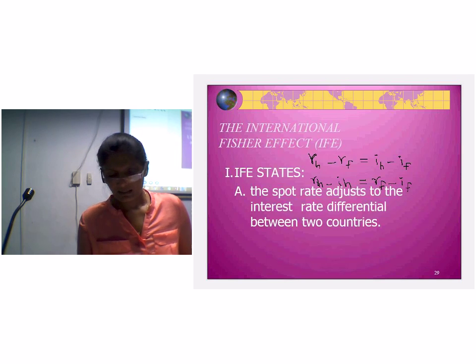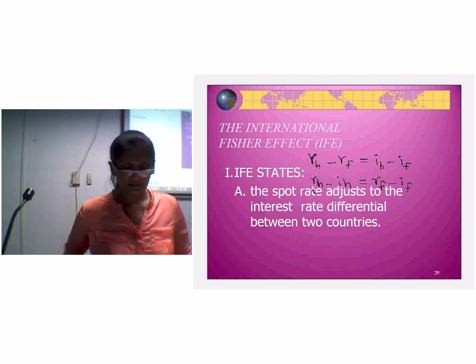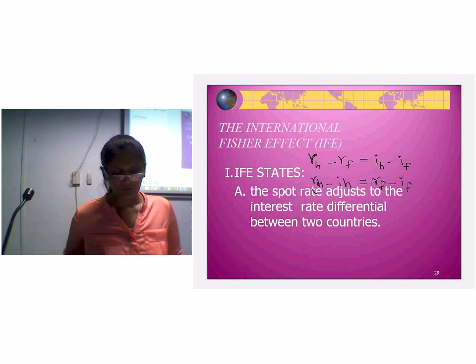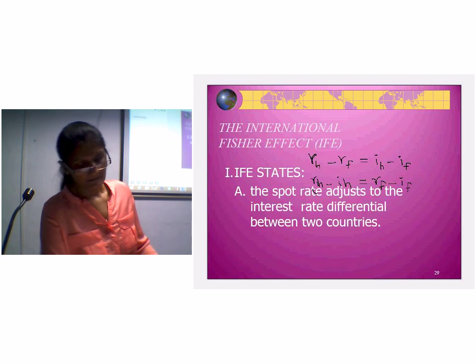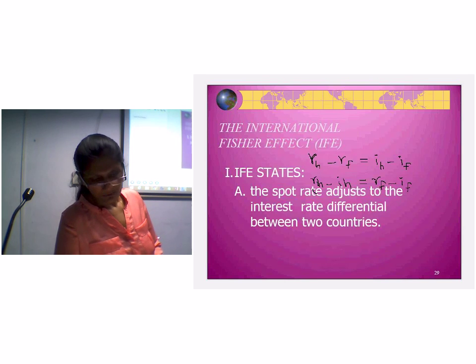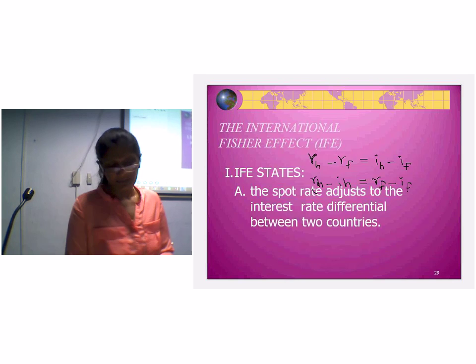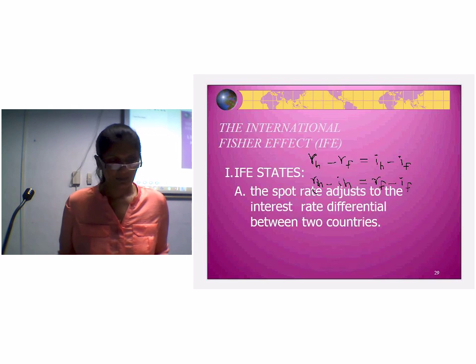This is the inflation adjusted interest rate, which in simple terms is called the real interest rate. So in the international Fisher effect, it uses interest rate rather than inflation rate to explain why exchange rate changes over time.